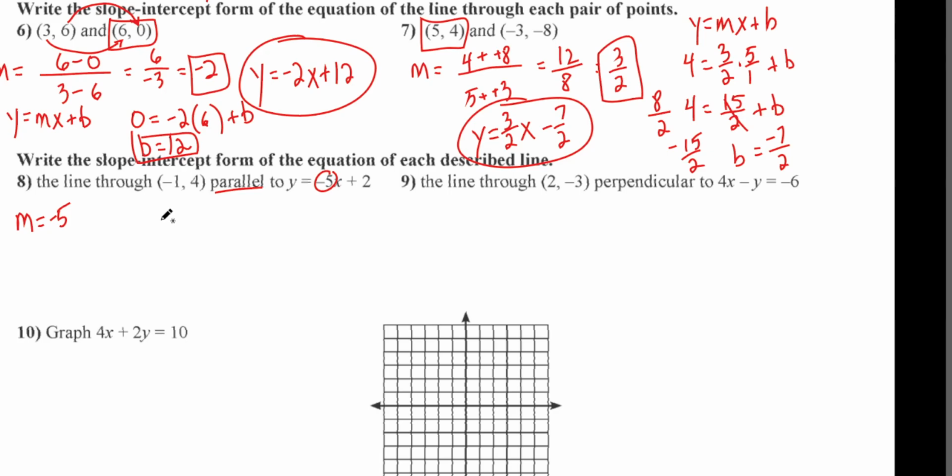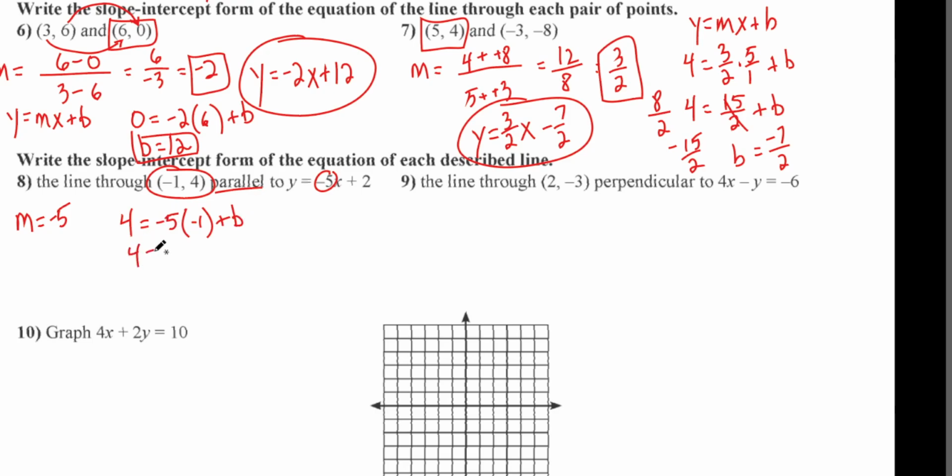Y equals mx plus b again. You already know that. So what is the y? Take a look at that point. It's the only point we have. So it's 4 equals m. What's the m? Negative 5 times x. What's the x? Negative 1 plus b.